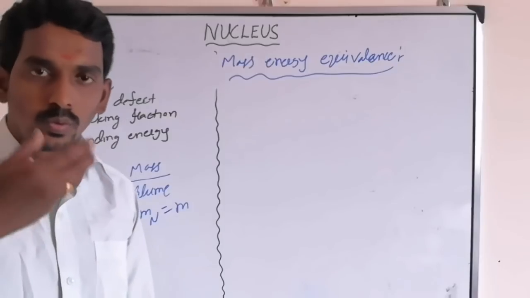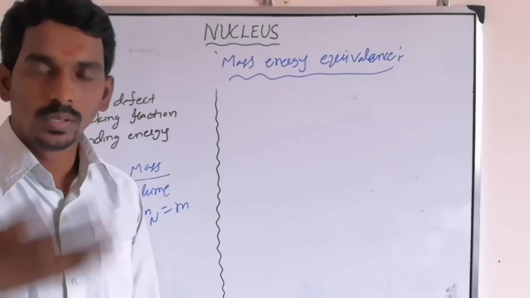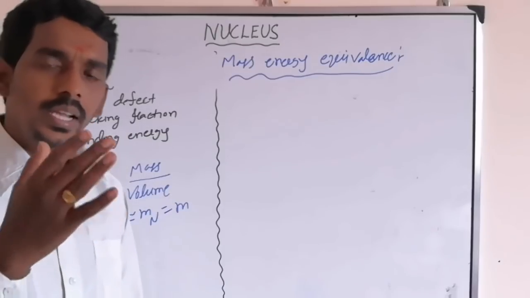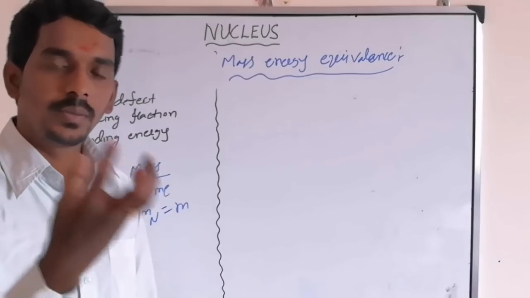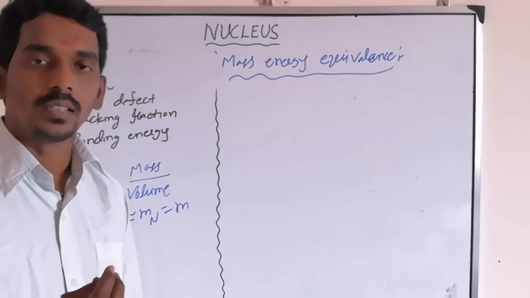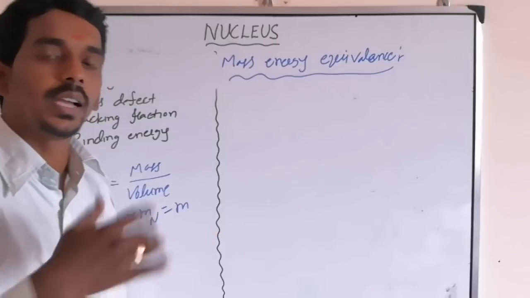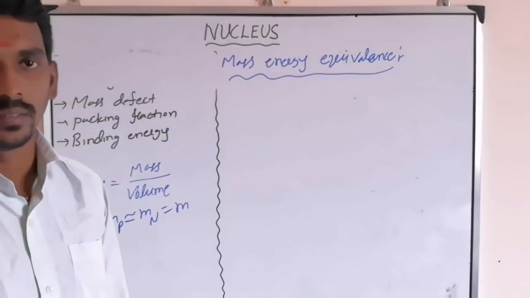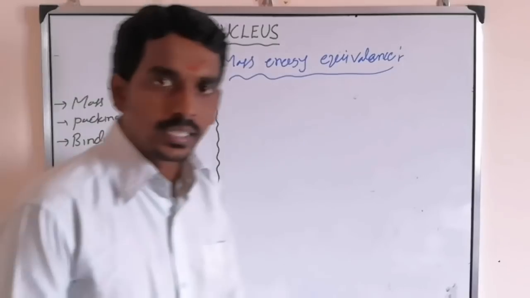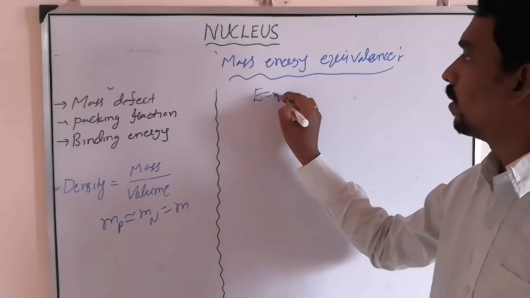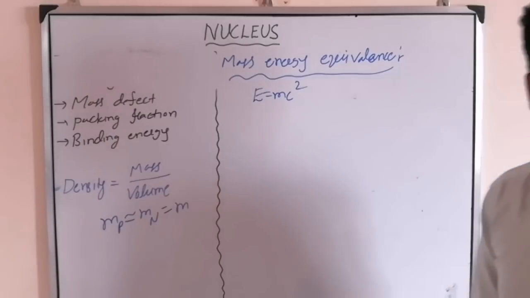Just like you take some food, some amount, and you get some energy, he said every particular amount of mass is equivalent to a corresponding amount of energy. And to calculate that, he gave us one formula: E equals mc square.